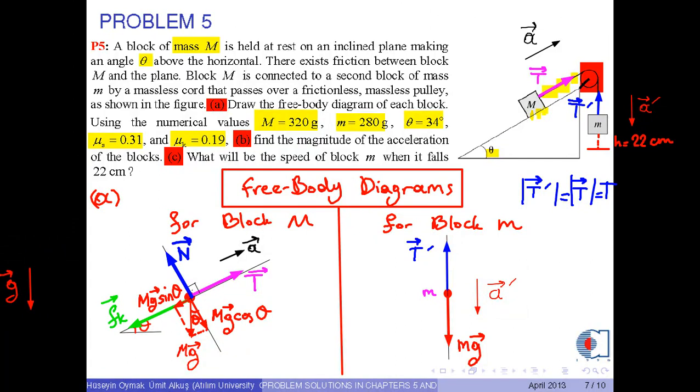We show its acceleration by vector a prime, keeping in mind that its magnitude is the same as that of vector a. Okay, these are the free body diagrams of each block. Let's solve part B.